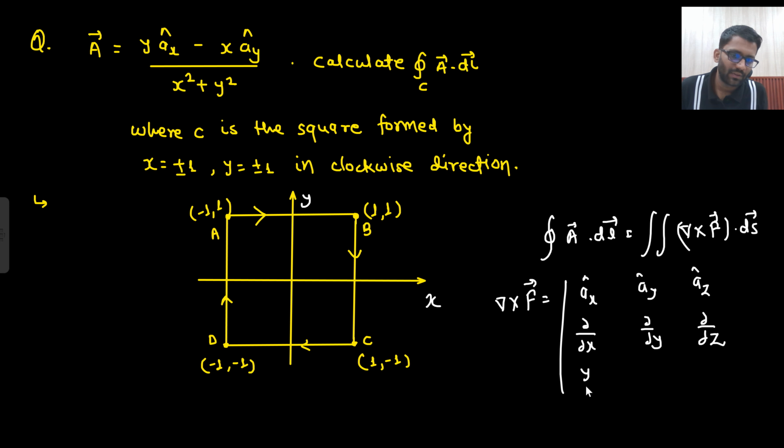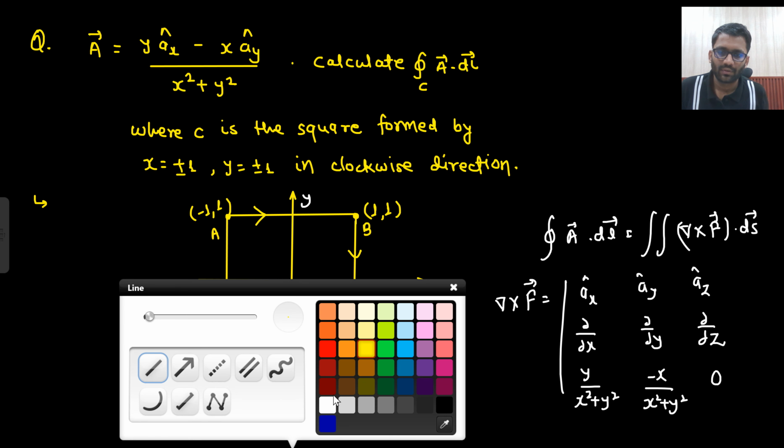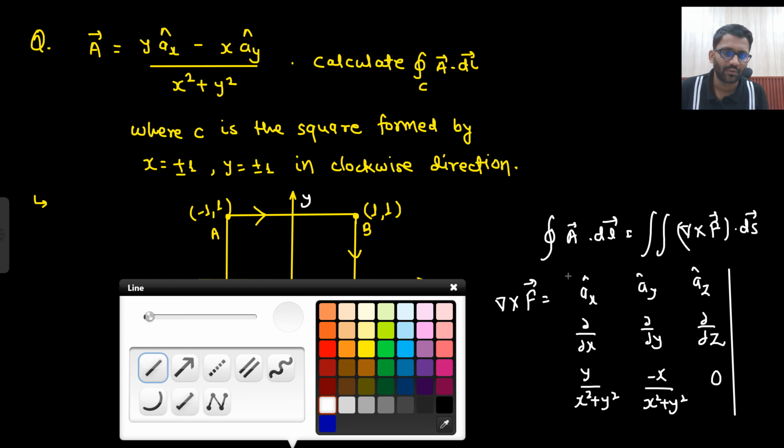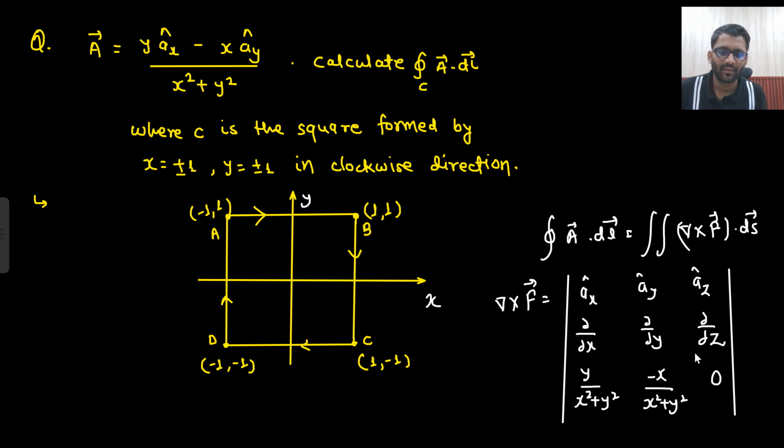What is the function? y upon x square plus y square, minus x upon x square plus y square, and this is 0. What is the answer you are getting? If you solve it, what is the answer you will get? Curl components: ax cap 0, ay cap 0, az cap 0. So del cross F is coming out to be 0.